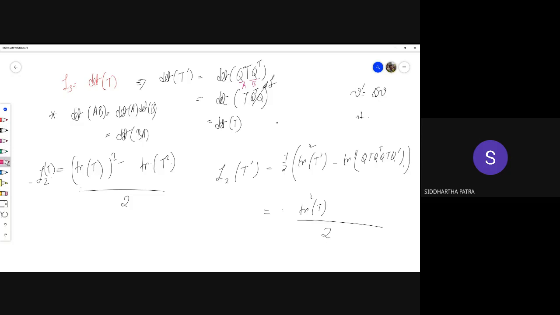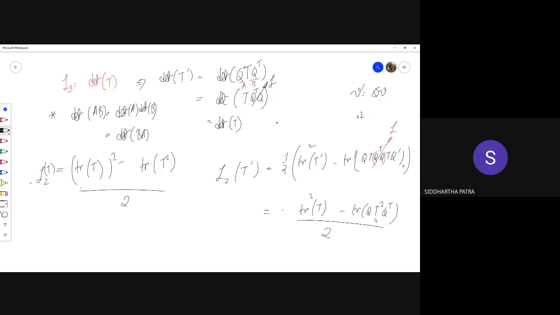Now please note what happens to this part. This is an identity matrix, and that makes this quantity trace of q t squared times q transpose.